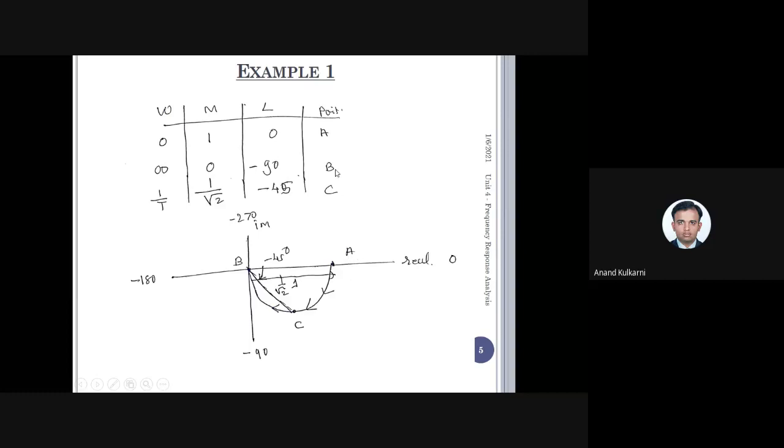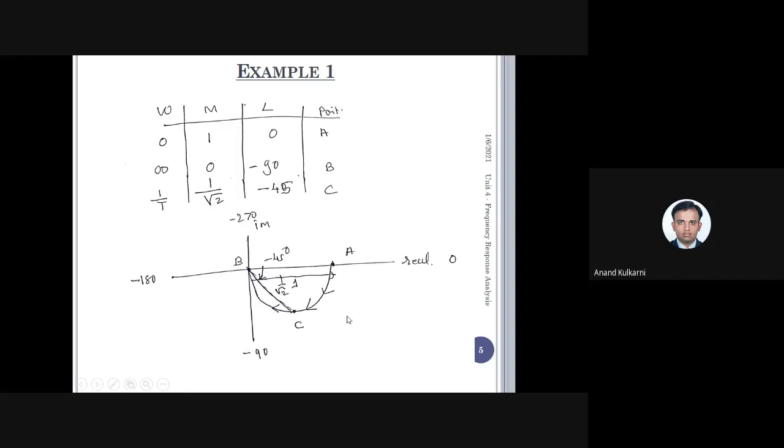The second point B has magnitude 0 and angle minus 90. Minus angle is measured in the clockwise direction, plus angle is measured in the anti-clockwise direction. So if you measure the angle in the clockwise direction, this becomes minus 90, or it is 270 also.